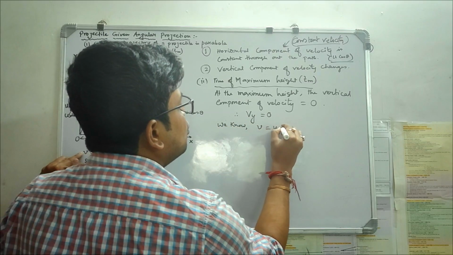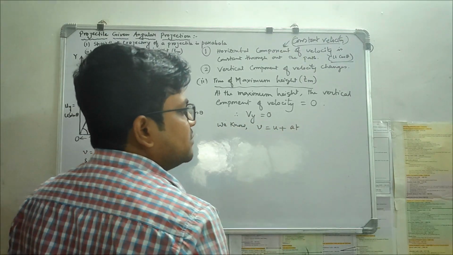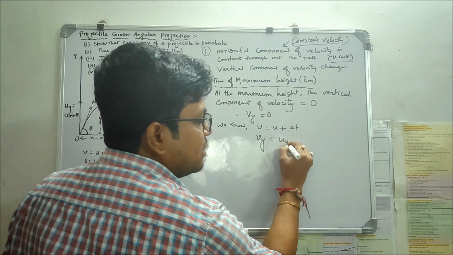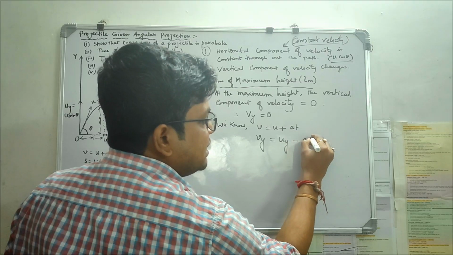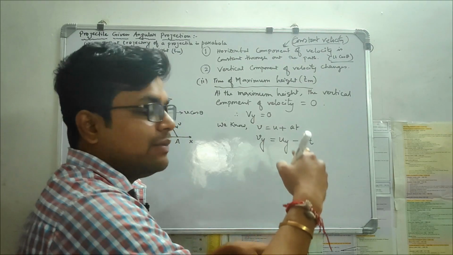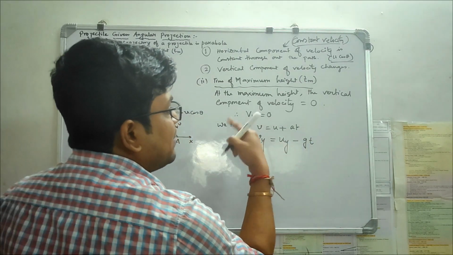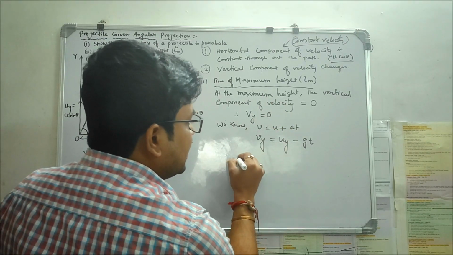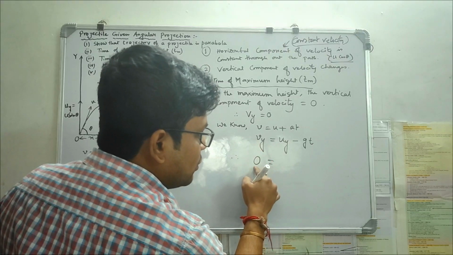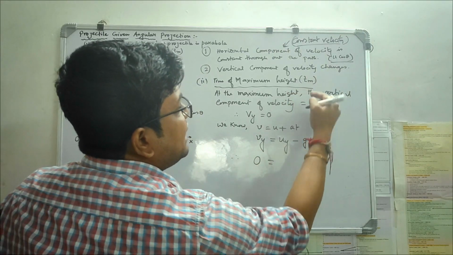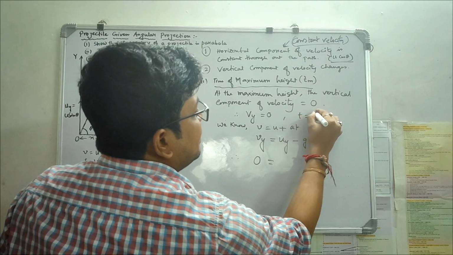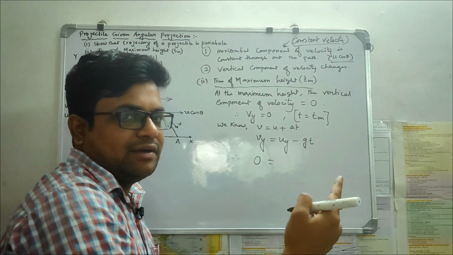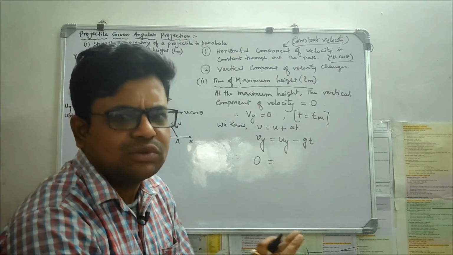So we know v equals u plus at. So Vy equals Uy minus gt, where t is the time at the maximum height. Now at the maximum height, Vy is 0, and in that case t will become Tm, the time to reach the maximum height. We only replace t with Tm and nothing else.